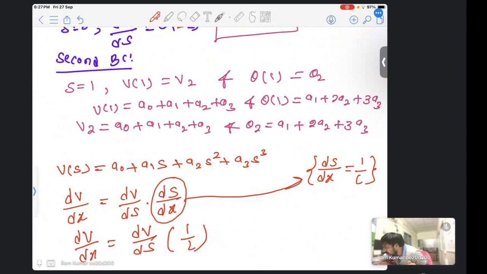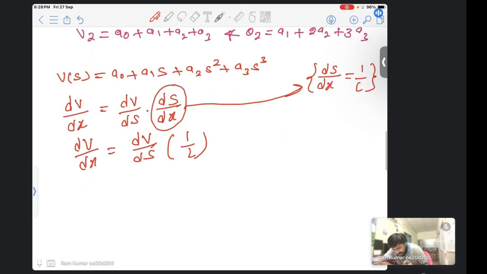Theta 2 equal to, actually what will be dv by dx?